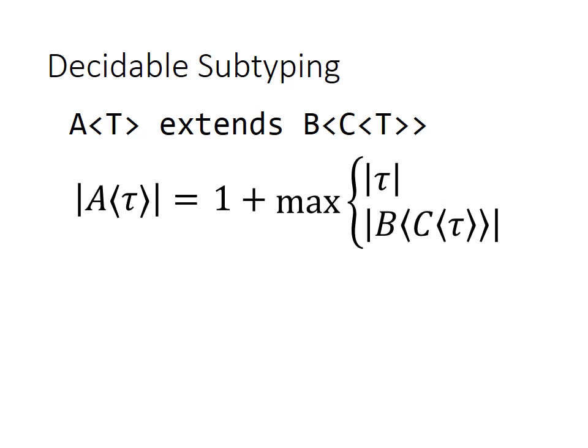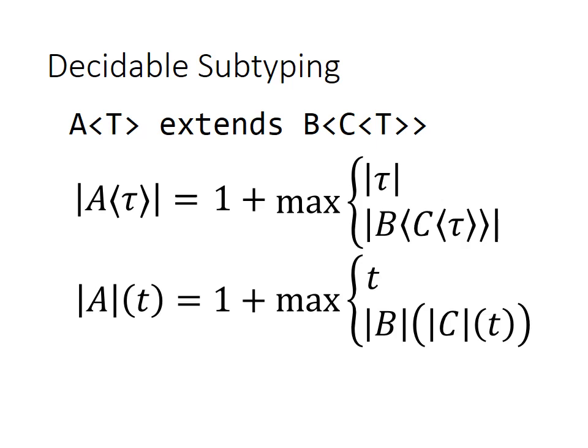Now, if you think a little harder, you can see that similar to how A is a function on types, you can view it as a function on measures. What that means is that given this measure of the type argument, you can return the measure of A with its type argument. Notice that this function definition uses the functions that are similarly defined for the types B and C that appear in A's inheritance clause.